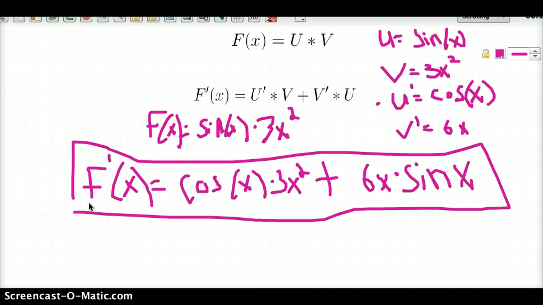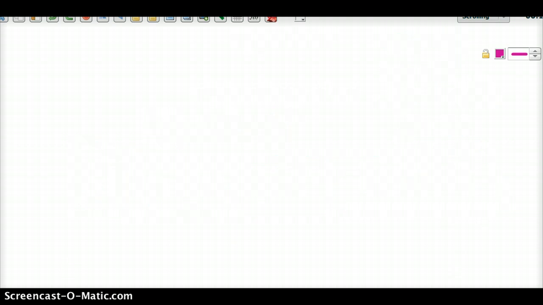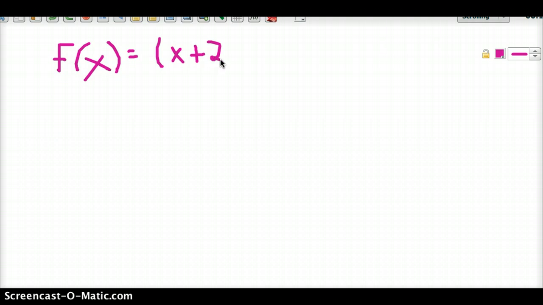Alright, so we have time for another example. So let's try one a little more complicated. Alright, so now our function, let's make f of x equal to the quantity x plus 2 squared, times e to the x.